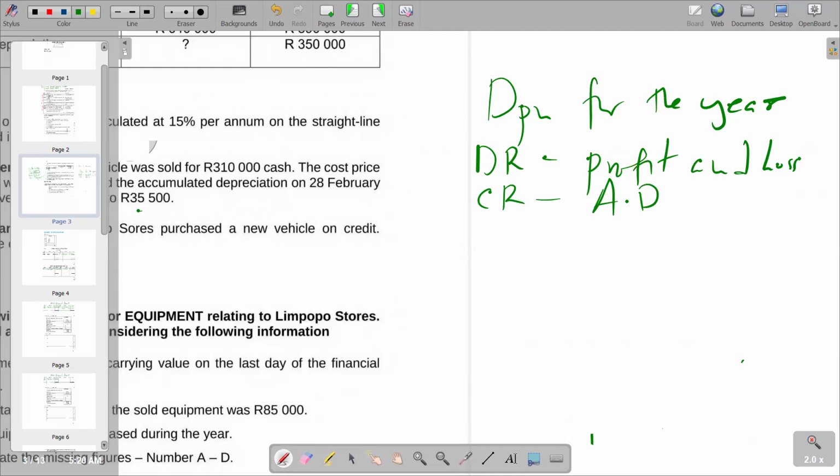So basically that's the double entry. And profit and loss, we do not have the account in the question, so we ignore that one. But accumulated depreciation we have in our answer section. So that's the one that is being affected by this double entry.